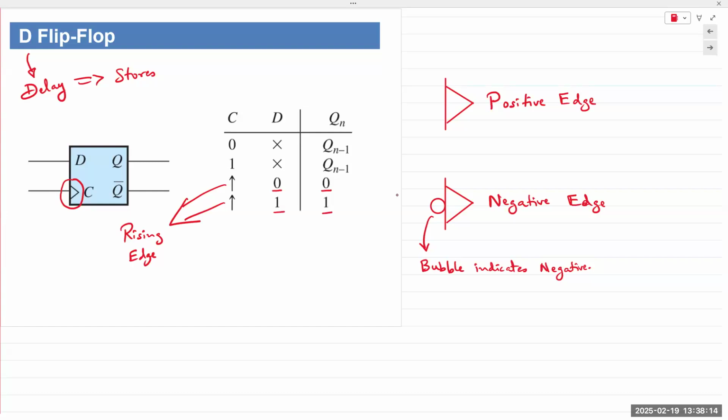The D flip-flop stores the data in memory. When the clock arrives and transitions, whatever you apply is sent to the output. Hence, the D flip-flop. Then at the negative edge, it doesn't matter. The output remains in the previous state. It stores the data in memory.